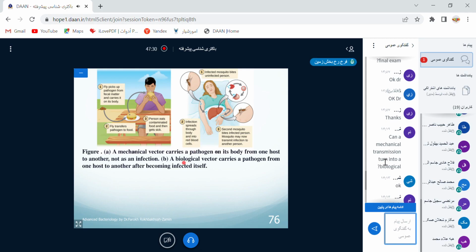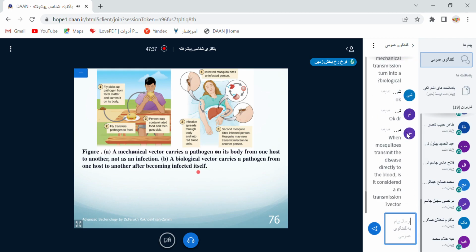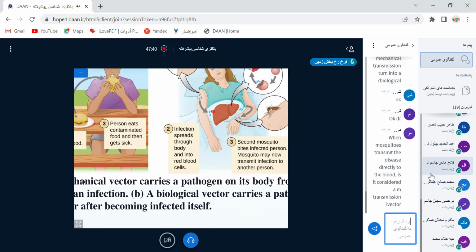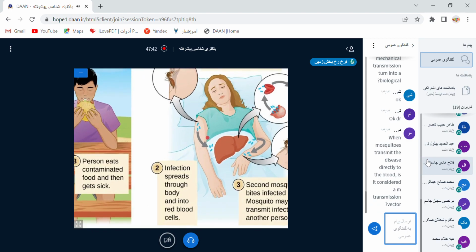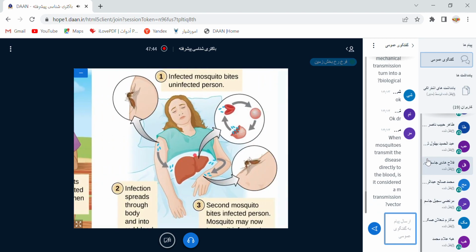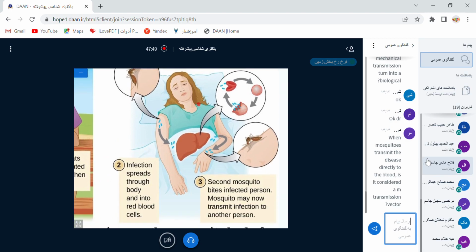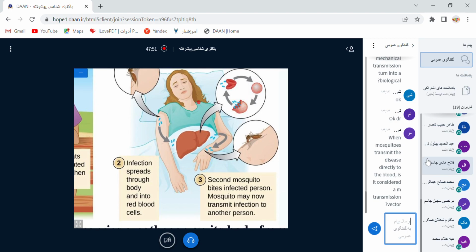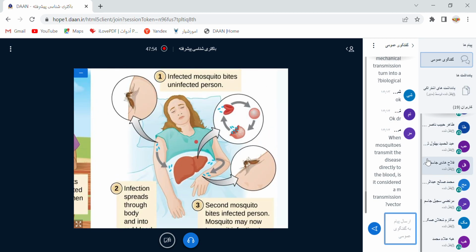But in B, you can see a biological vector carries a pathogen from one host to another after becoming infected. For example, you can see over here, this fly is contaminated, is infected.